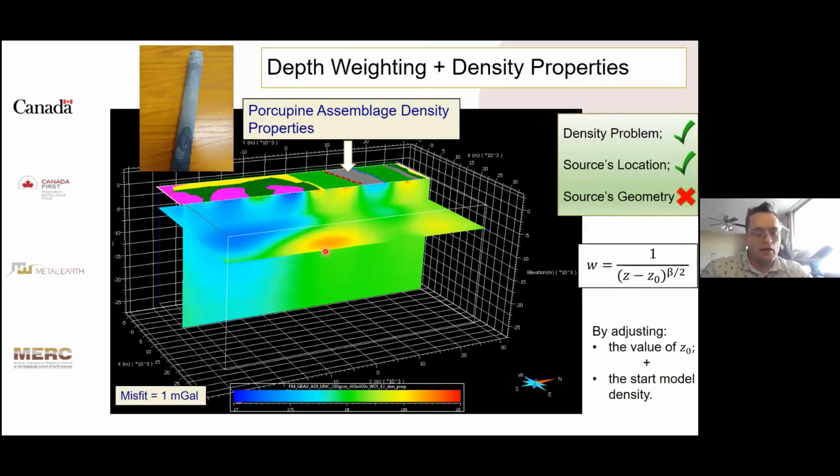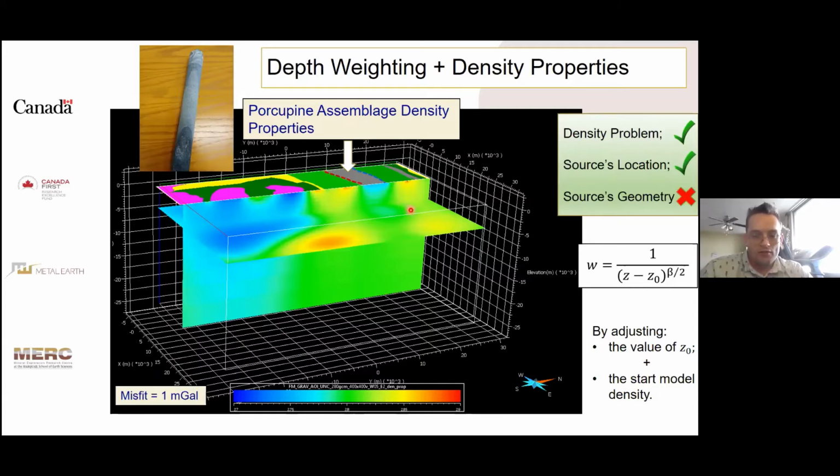But eventually we got some samples of the Porcupine assemblage, some core samples, and we could estimate the density of the Porcupine assemblage. Now we can combine depth weighting plus density property, at least for the Porcupine assemblage.